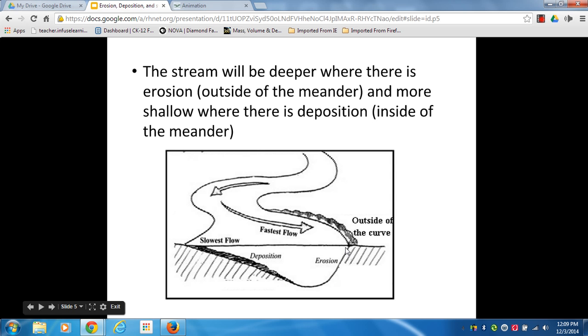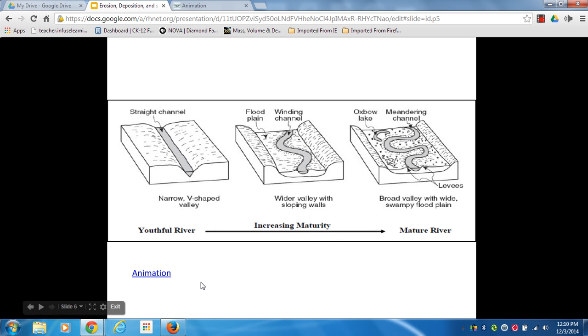So if we were to look underneath the water and cut away, we would see the stream channel would not have a nice V like you would in a straight channel. It's going to be offset. So the deeper side is going to be on the outside of the curve where there is erosion, and the more shallow side is going to be on the inside where there is deposition.